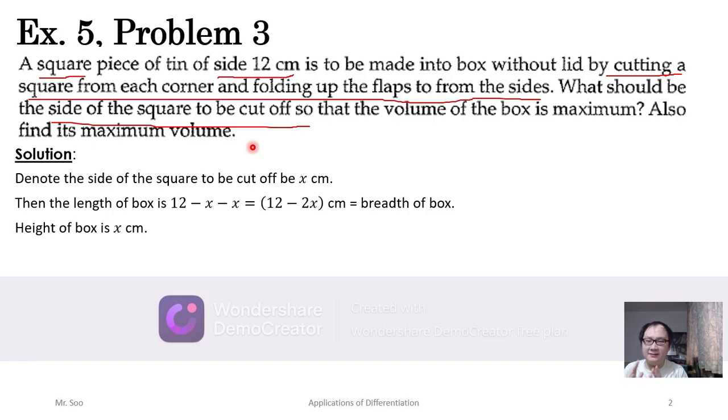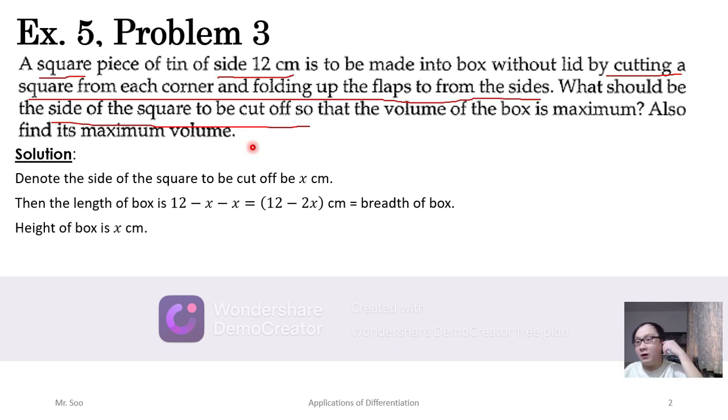Why minus x two times? I think this was a debate following from the last session. Why do you minus twice? Because a square has two sides that are congruent, the top and the bottom as well as the side.